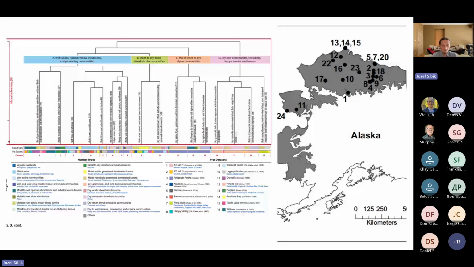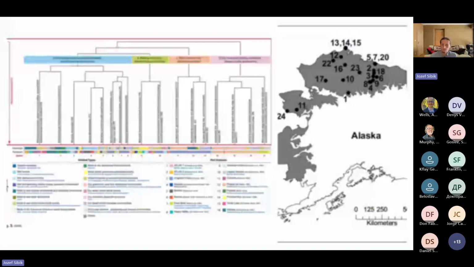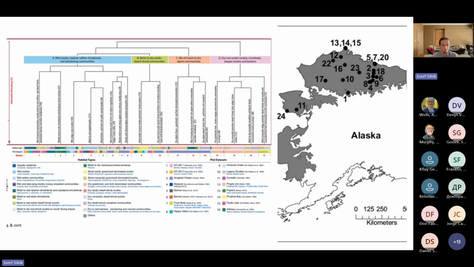So this is a first sketch of a syntaxonomical overview of what's going on in vegetation variability in Alaska. Here we can see various data sets we collected in the Arctic Vegetation Archive. There is also more data, Aaron will know, that have not been included in the Arctic Vegetation Archive, but it would be great if these different databases were linked together.